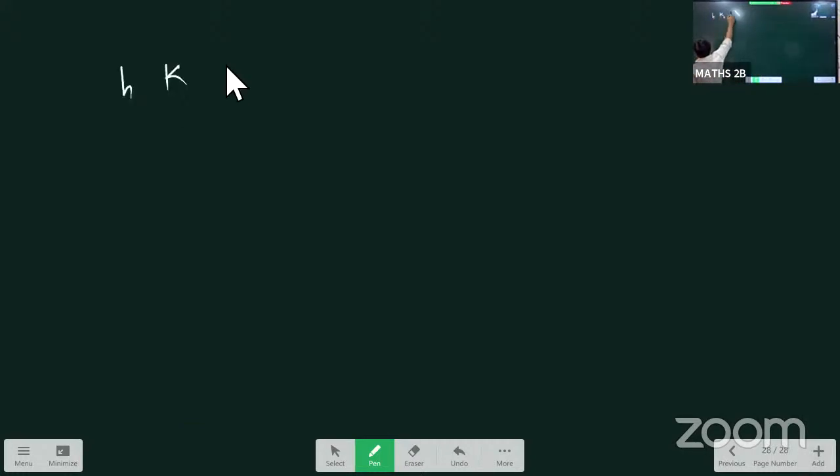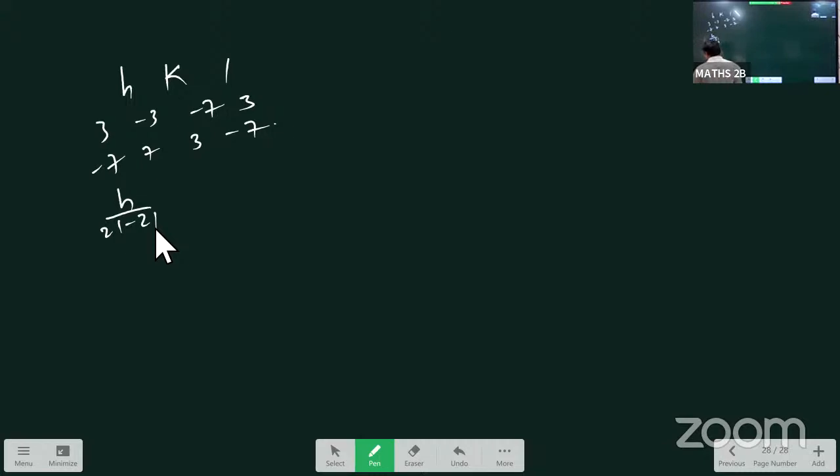Now let us solve 1 and 2 here. h by (21 minus 21) equal to k by (minus 9 plus 49).